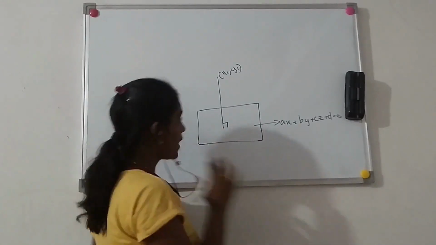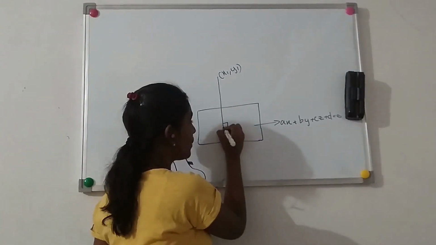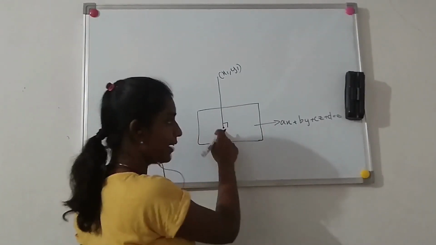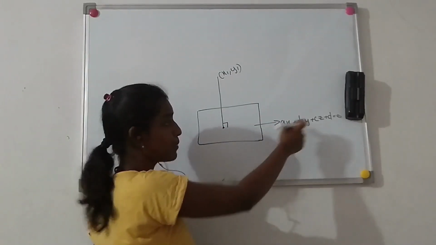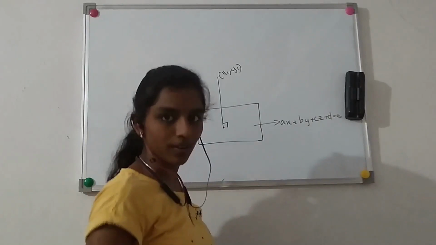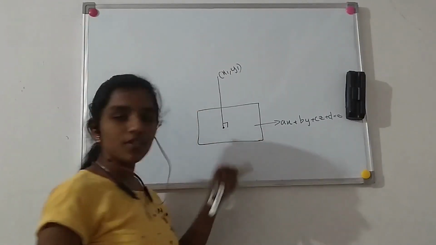This is the foot of the perpendicular, because at this point the perpendicular meets the plane ax plus by plus cz plus d equals to 0. So now what's the formula for that?